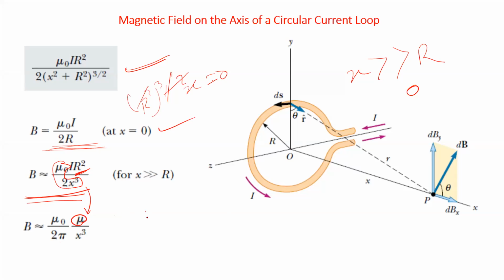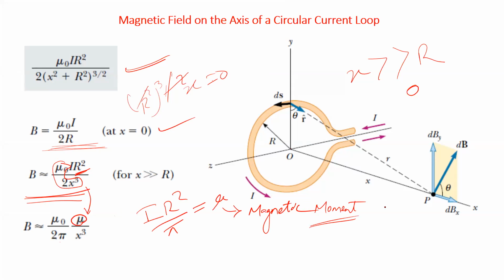I r square by pi is equal to mu. So this mu is called the magnetic moment. Just as we calculated the dipole moment in electrostatics, this is a similar physical concept. This is called magnetic moment.